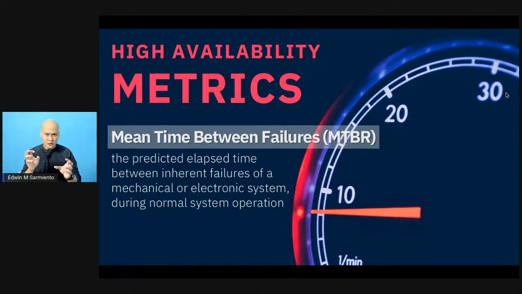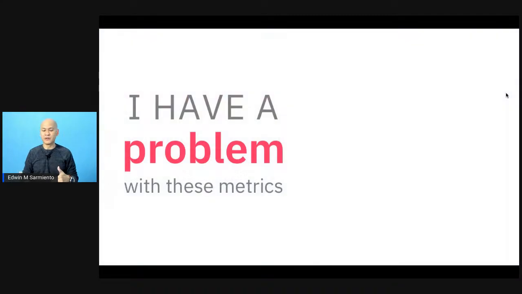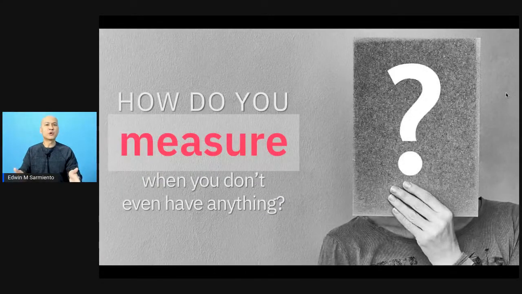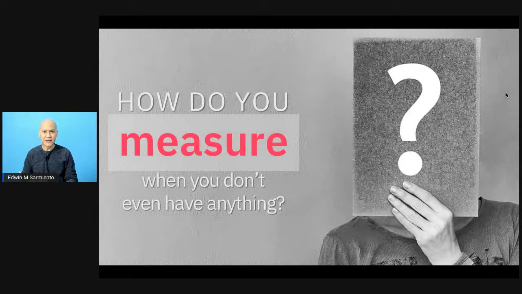And you start to see that there's a little bit of disconnect with what we have here. Okay? I have an issue with this. My biggest issue with this is the fact that we're already measuring something when we don't even have anything. That is my biggest issue.